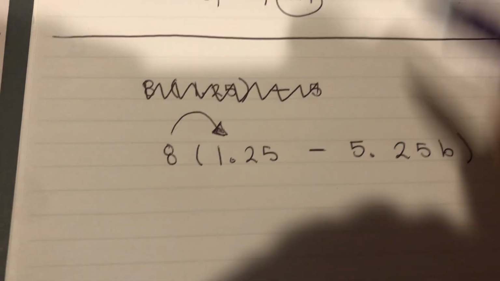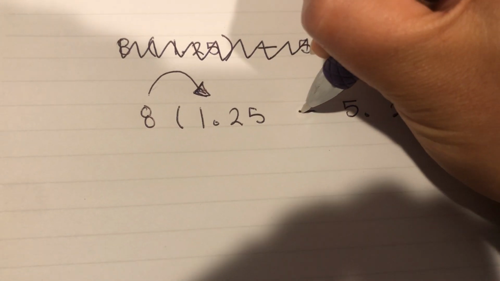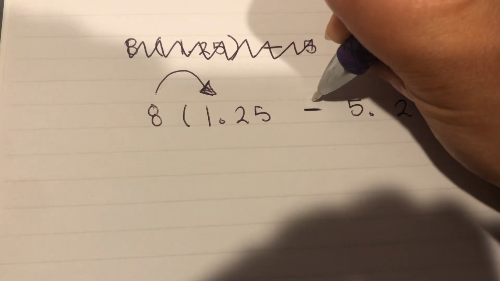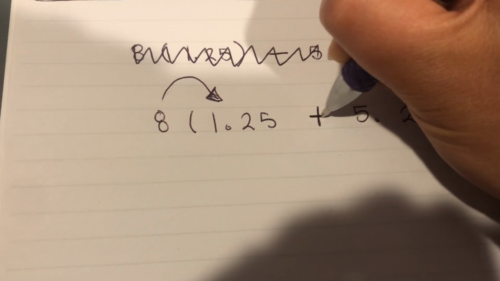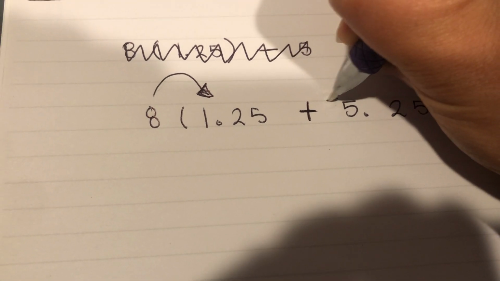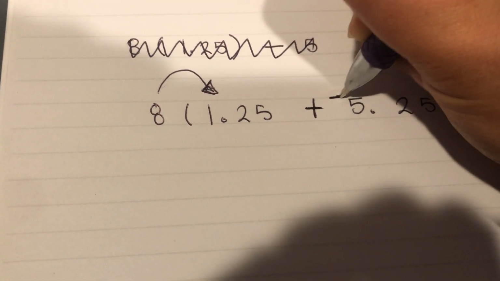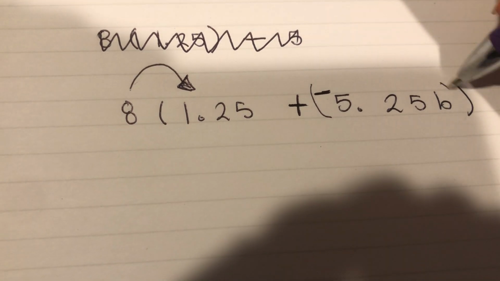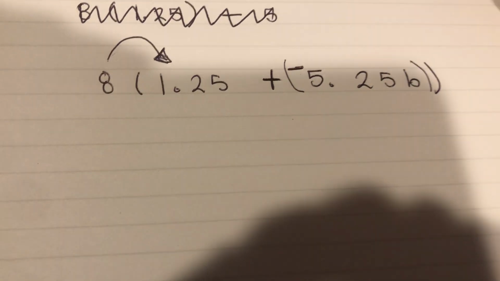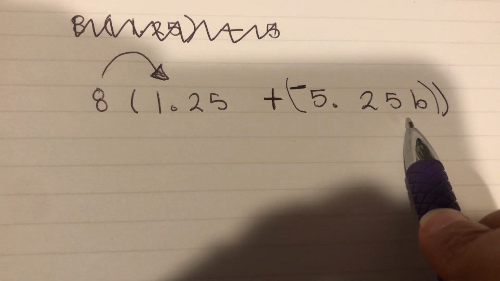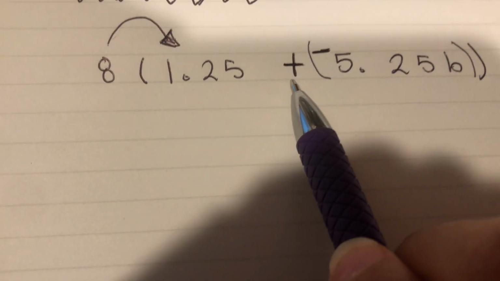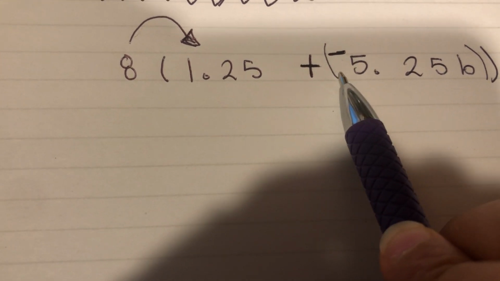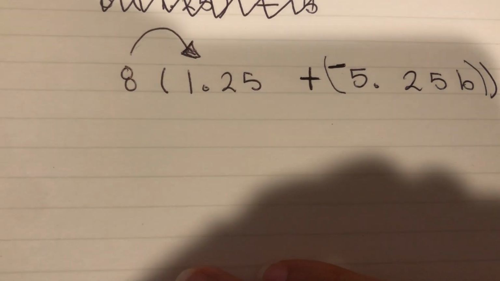The first thing I'm going to do, though, is, remember, we haven't done this in a while, but with subtraction, you take subtraction, and we could change it to adding a negative number. So I'm still putting this parentheses here. So I'm going to put like mini parentheses so that I remember that this number is a negative. A lot of us forget when we change to addition to actually add the negative right next to it. So make sure that you don't forget that.